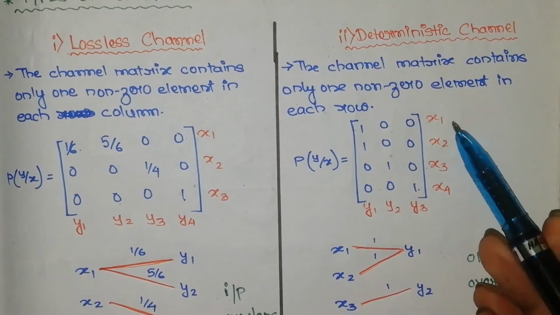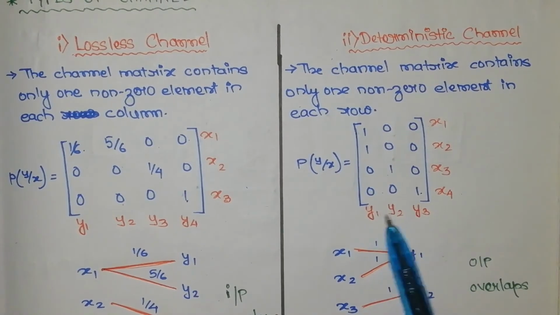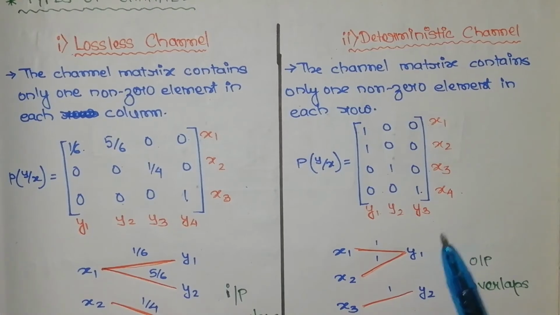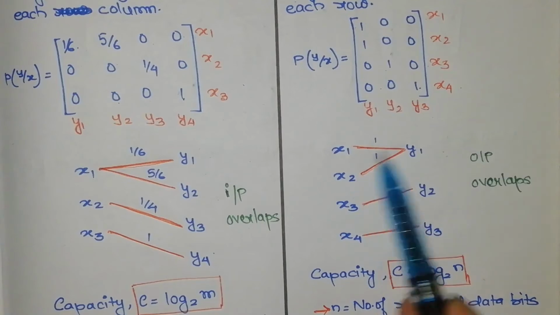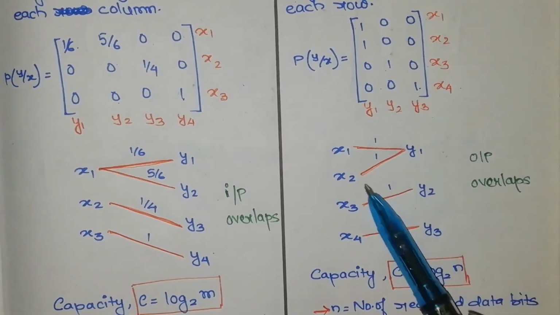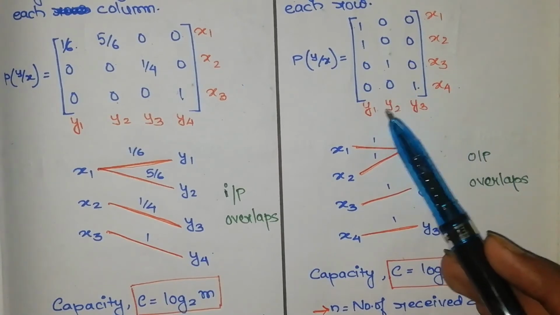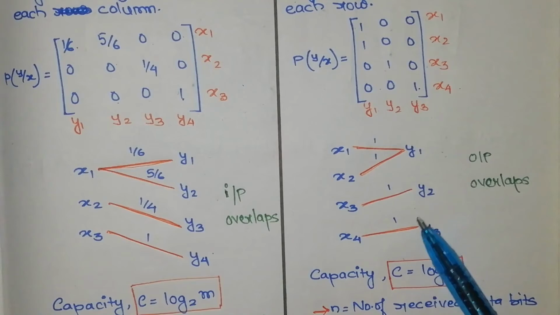So there will be 4 inputs x1, x2, x3, x4 and 3 outputs y1, y2 and y3. So again we will map the inlets and outlets. So we will get a mapping like this. x1 will be connected with y1, x2 is connected with y1, x3 is connected with y2 and x4 is connected with y3. All have the weightage 1.